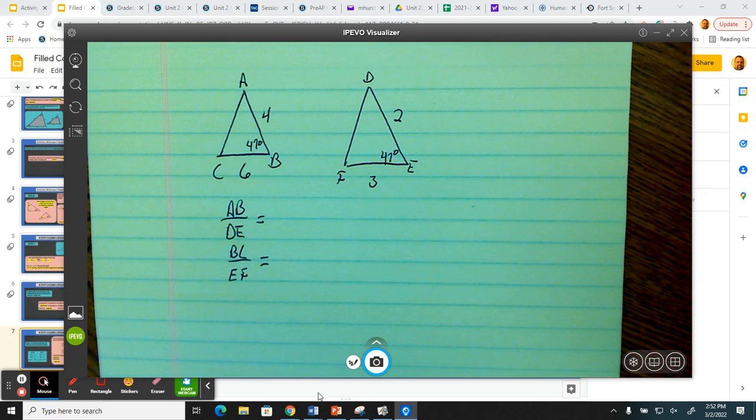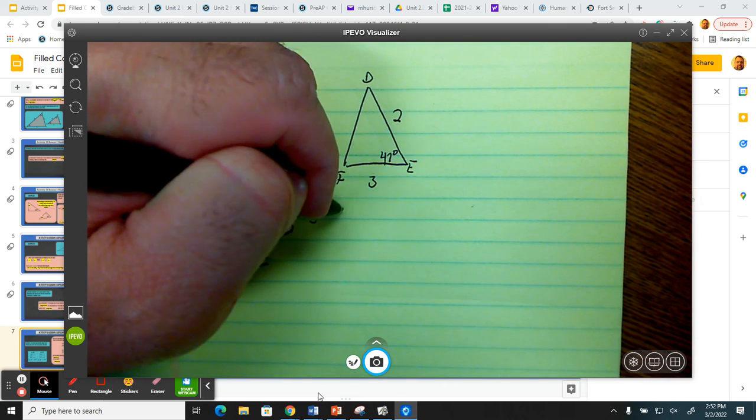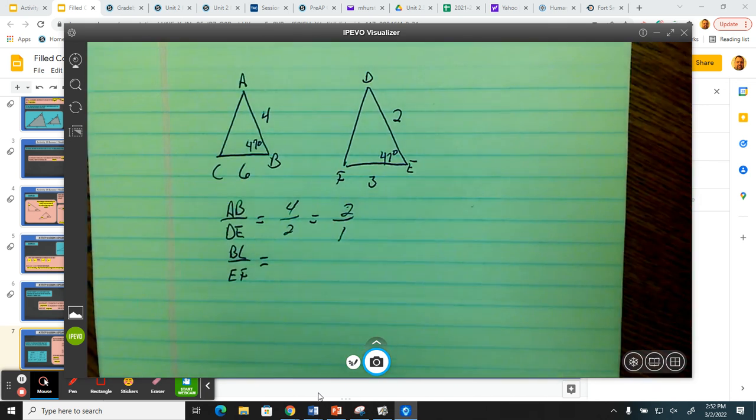So what is AB over DE? 4 over 2, or when it's reduced, 2 over 1. Now, when we're working with ratios, we want to keep those fractions. This means that AB is twice the size of DE.